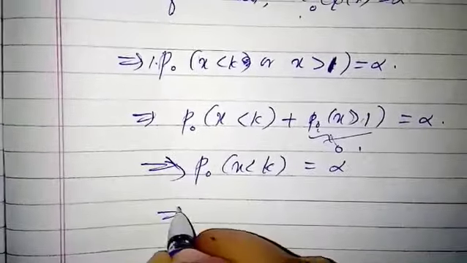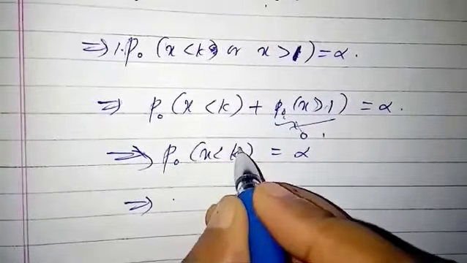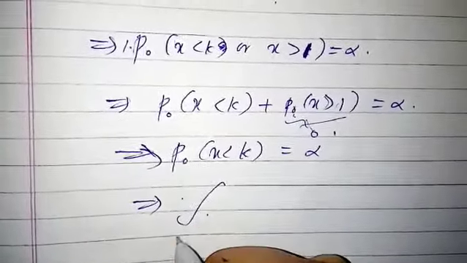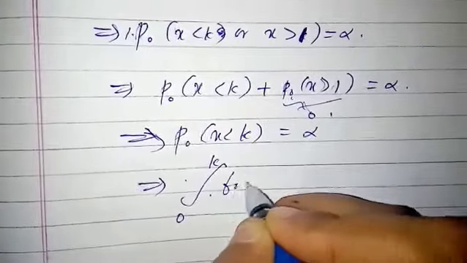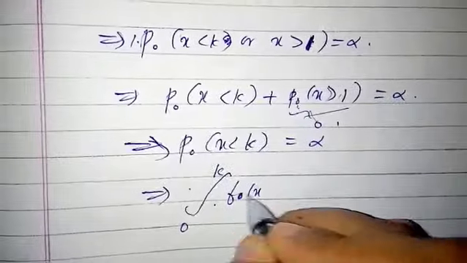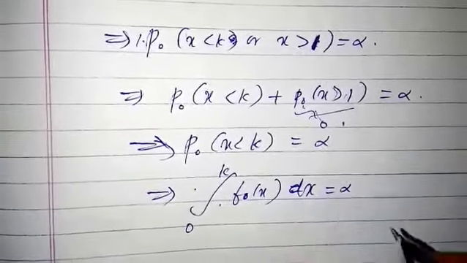So we need to find alpha. It is the probability of x less than k, the integral from 0 to k of f naught of x dx, equal to alpha.